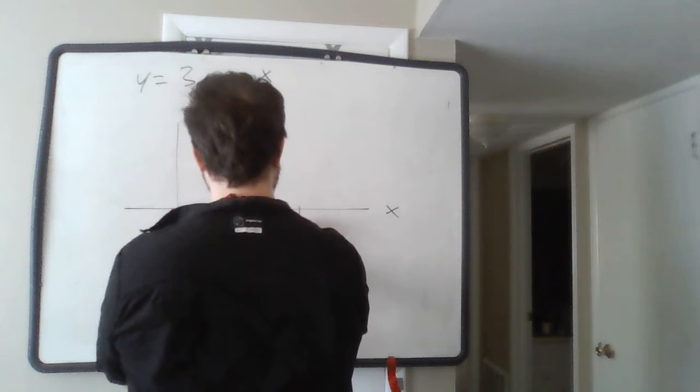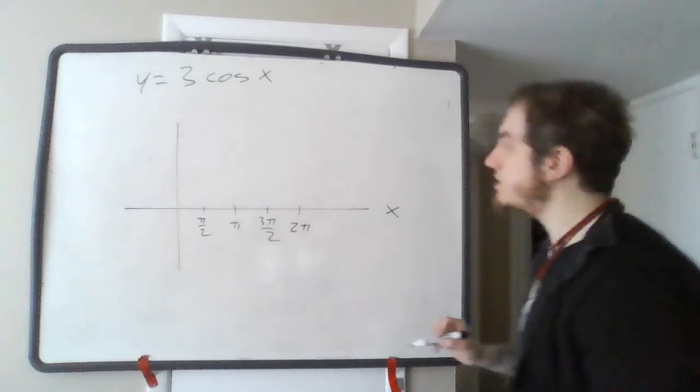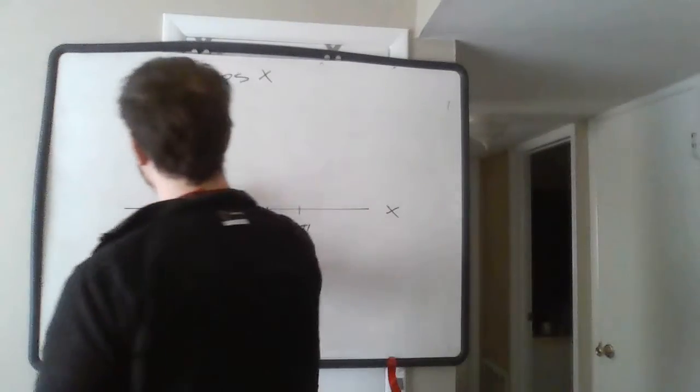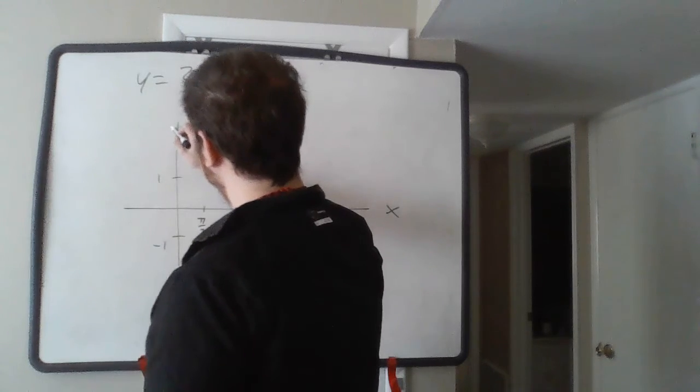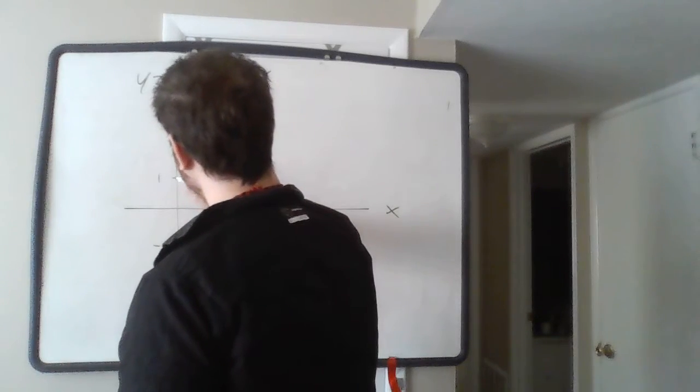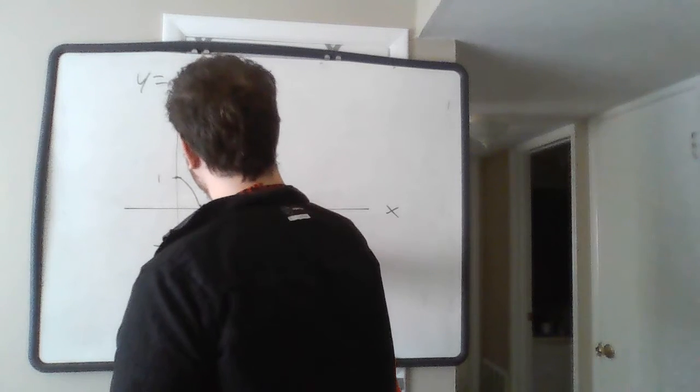Give me a moment here to mark off some important points on this axis. If we start off with the graph of cosine x, we would get something that looks like this over one period.